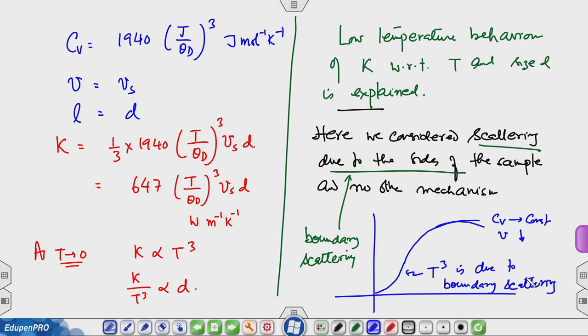If that was the case, this is the kind of behavior one expects. But what we saw was that this fellow comes down like an exponential. What causes that? That is the next mechanism that we are going to see, and that is where the anharmonicity of the crystal comes into play.